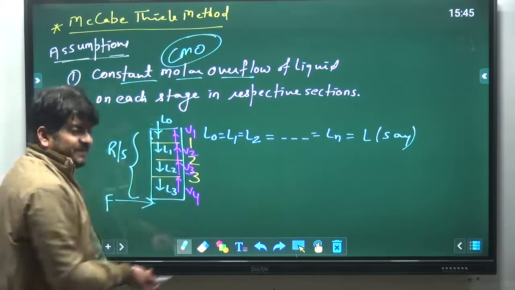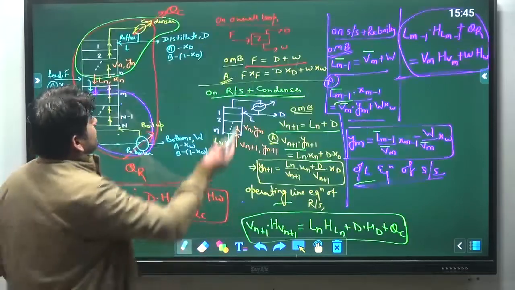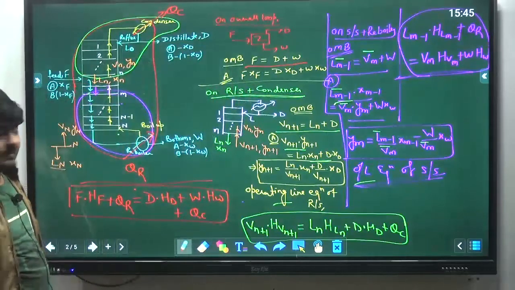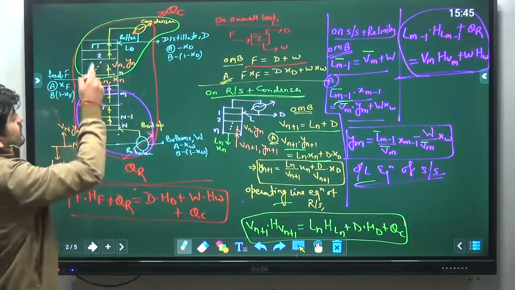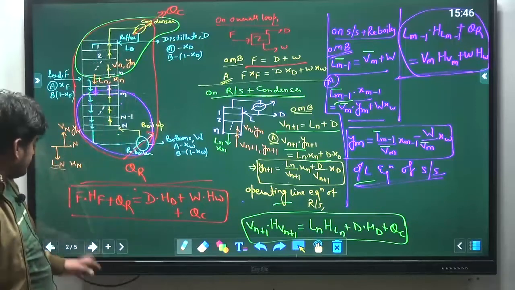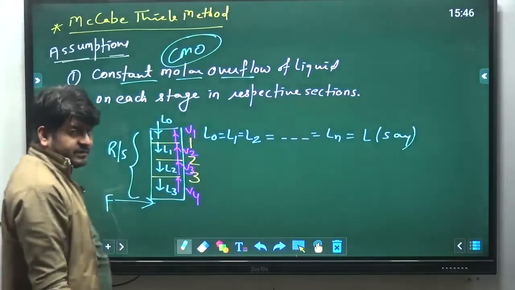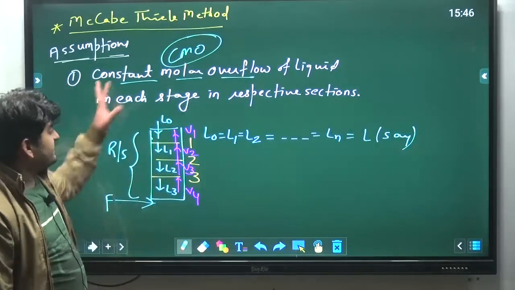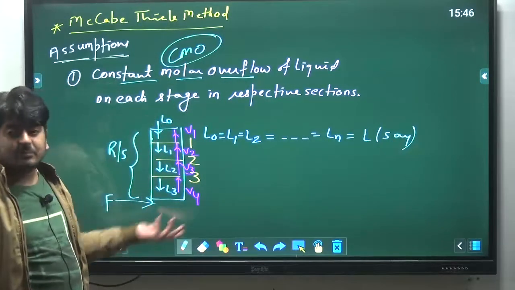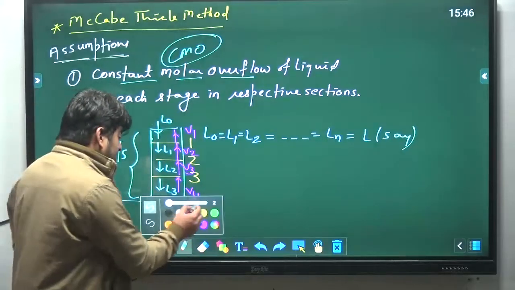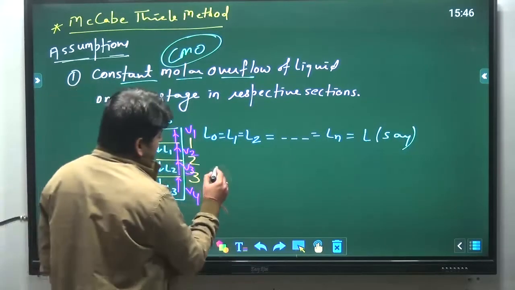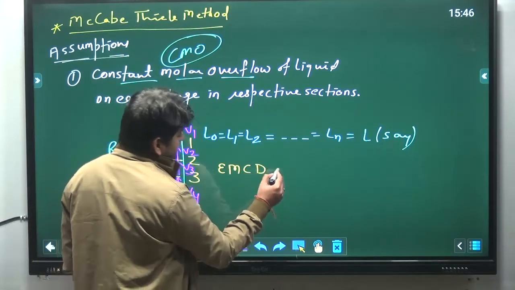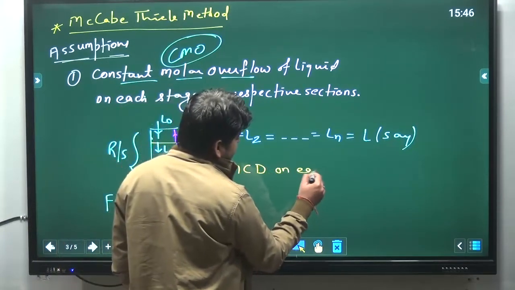And what is the zeroth plate here? That zeroth plate is nothing but the reflux, because the liquid is coming from the reflux stream, so that flow rate is L0. Let's say all these flow rates are equal, L. That is the assumption. Now, how is this possible? That is possible only when we have equimolar counter diffusion on each stage.